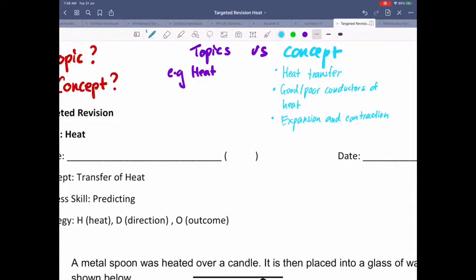If I'm talking about something else, let's say the water cycle, then under this big topic, you have evaporation and condensation, right? Those are the concepts. Another example would be your respiratory system as a topic.